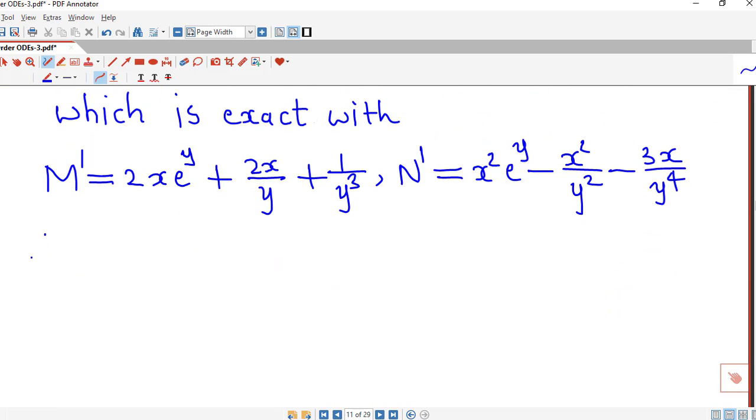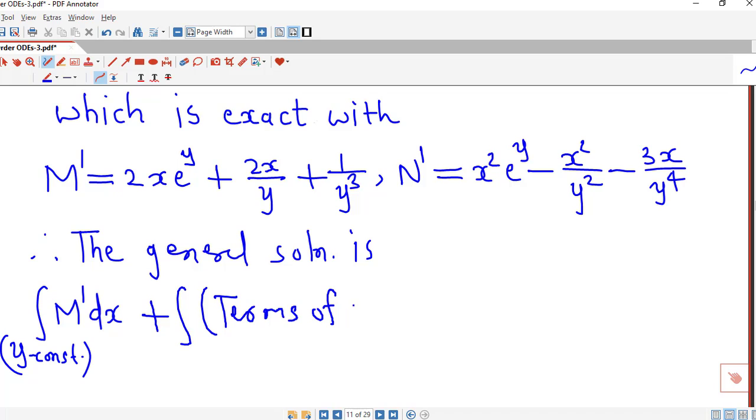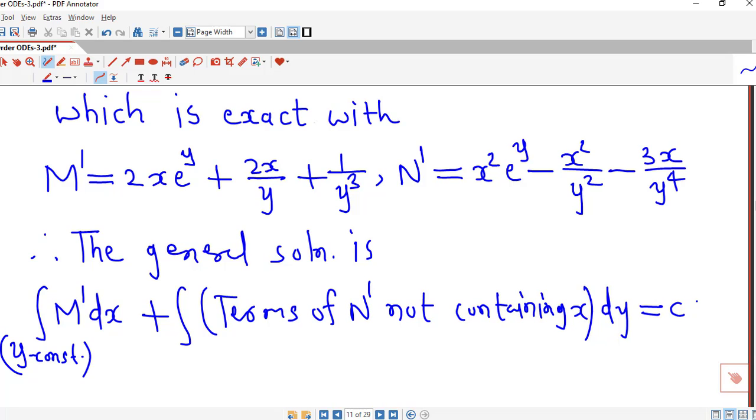So now we can write the general solution using this M dash and N dash. Therefore the general solution is the integral of M dash with respect to x, where we consider y as constant, plus the integral of terms of N dash not containing x with respect to y, equal to the constant of integration.